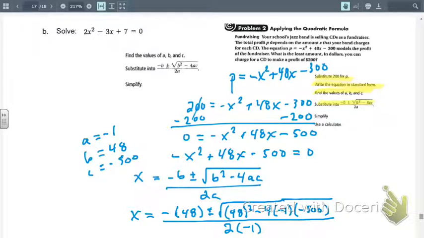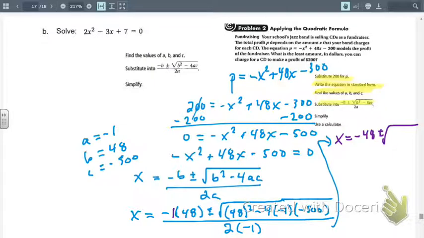Alright, we're going to come up here, change colors to make it easier to distinguish between the parts. So we have x equals a negative, so we have a negative 1 times 48, that's a negative 48, and then plus or minus the square root.